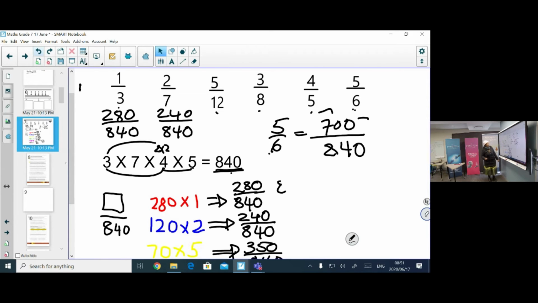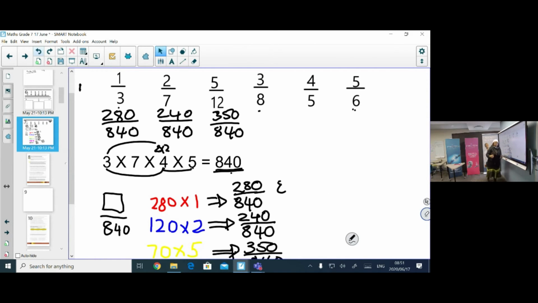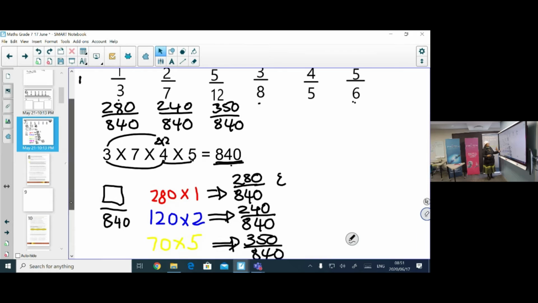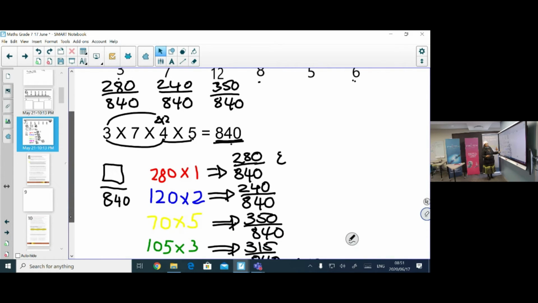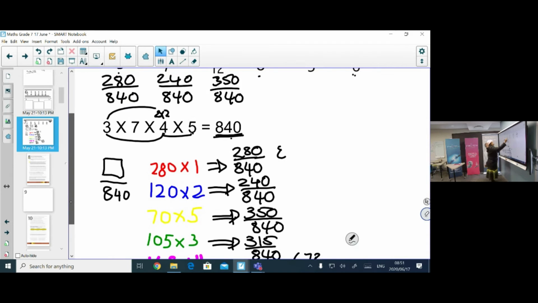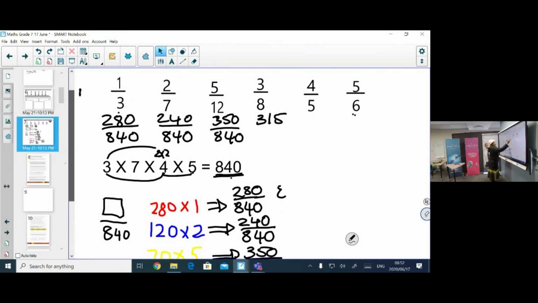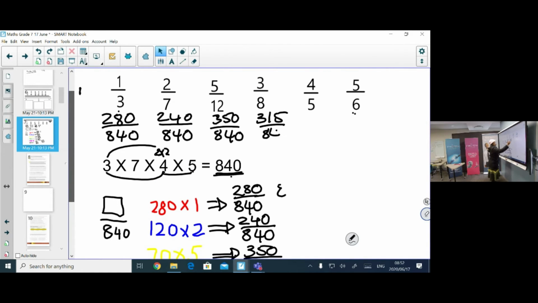And that one is 350 over 840. We are taking this step by step so that you understand what is happening, so that you're still going with me. And the next one will be this one, 350 over 840.